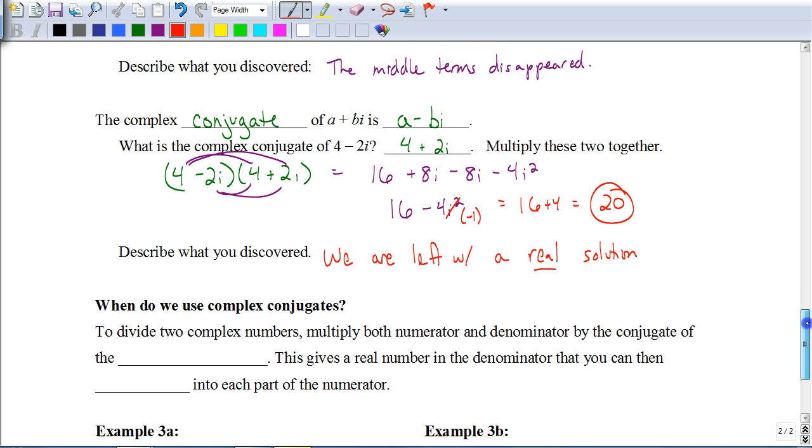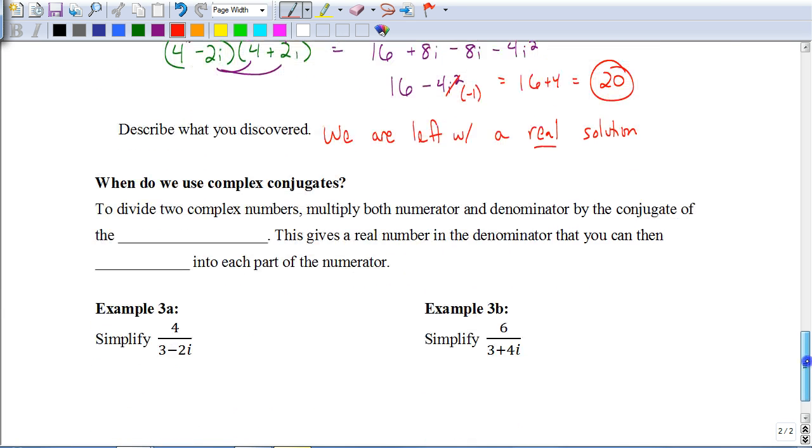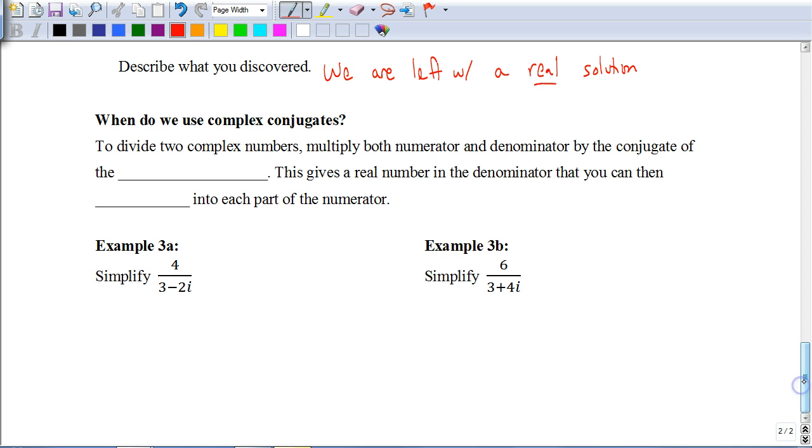I might be saying, okay, great, it's nice to see that when we multiply, we get rid of the i, so we're left with just a regular old number. But why would I need to know that? The reason we need to know that is, in order to divide two complex numbers, we're going to multiply both the numerator and denominator by the conjugate of whatever the denominator is.